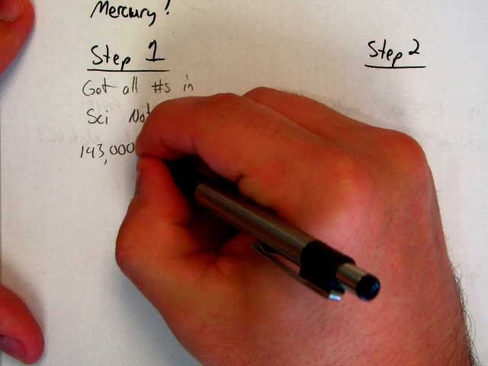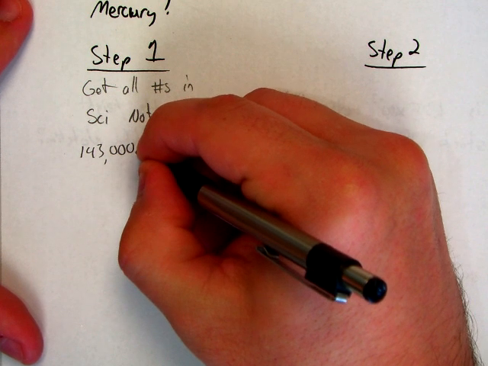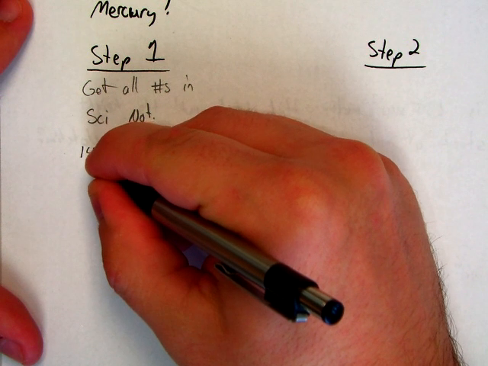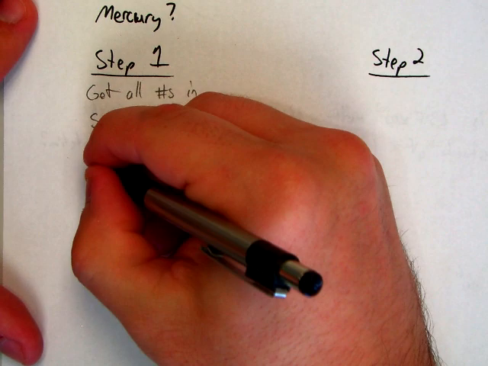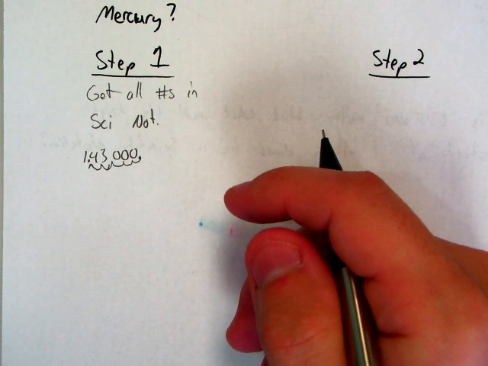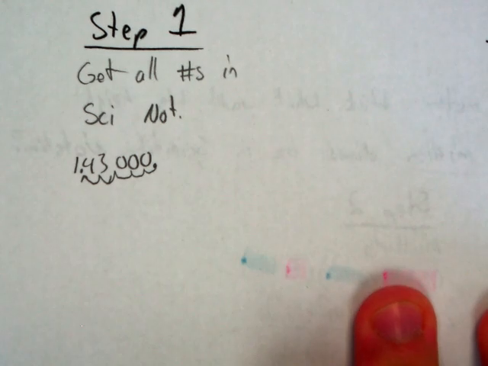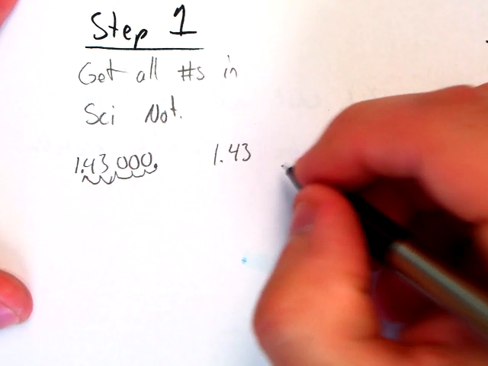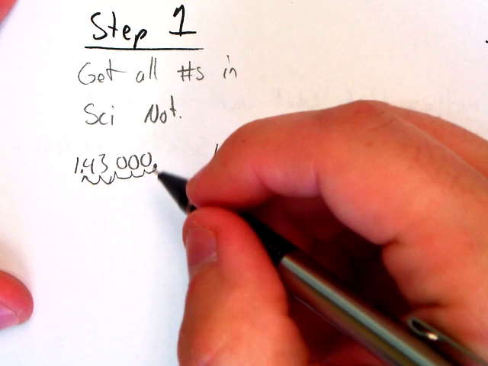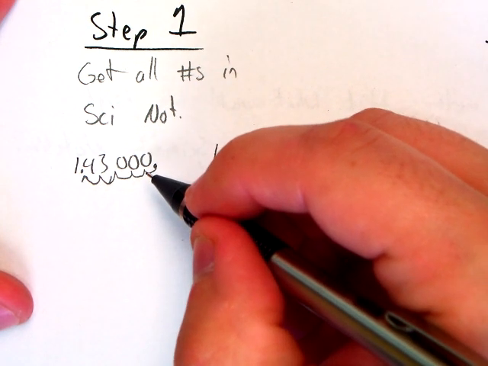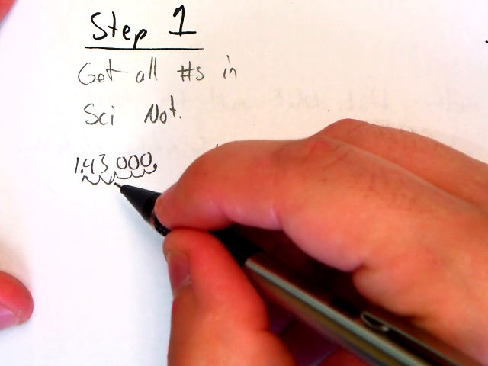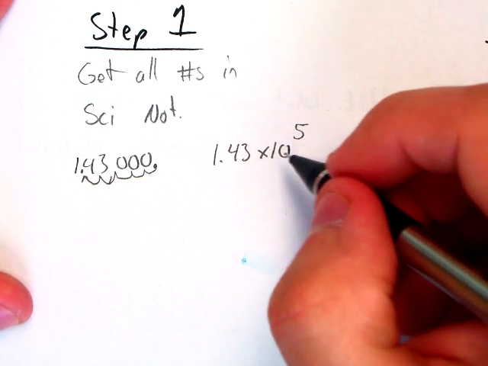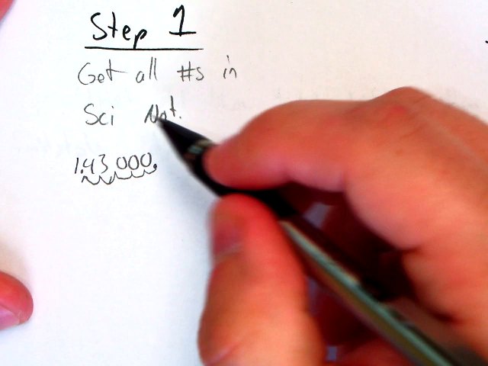So what I do is I put a decimal point at the very end, and I move it until there is one digit before the decimal point. And that happens to be right here. So this number is 1.43. I multiply it by a power of 10, and the exponent is 1, 2, 3, 4, 5. And it's a positive number because the original number was larger than 1.